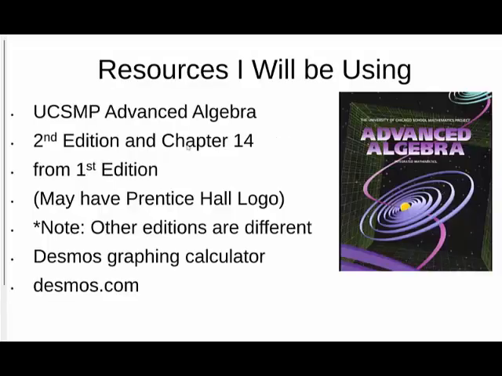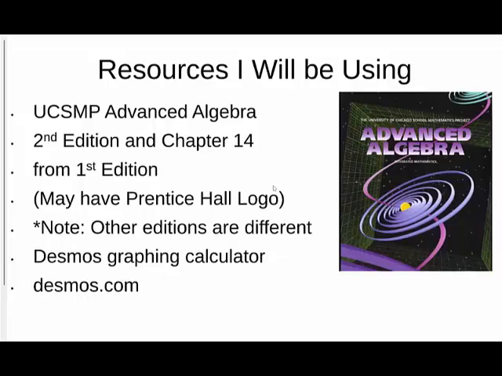So here are some of the resources I will be using. UCSMP Advanced Algebra 2nd Edition, which is University of Chicago School Mathematics Project. I will also be doing Chapter 14 from the 1st edition. So the 2nd edition looks like this. It may also have a little logo that says Prentice Hall. It's possible. They're the same one.